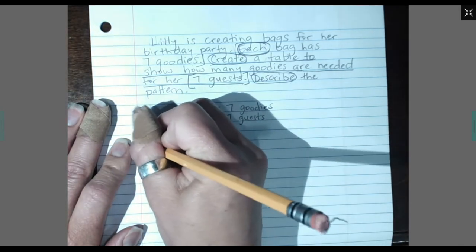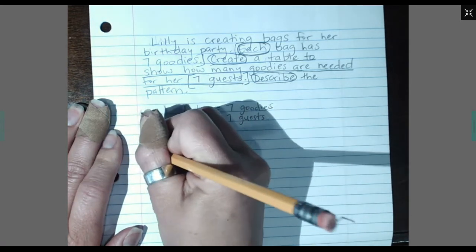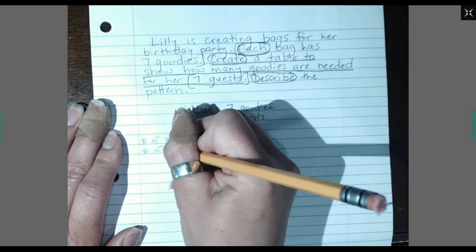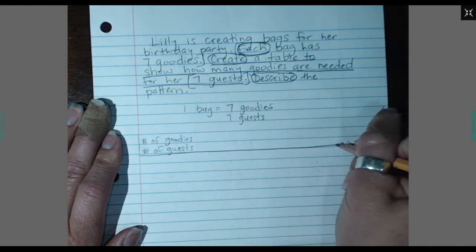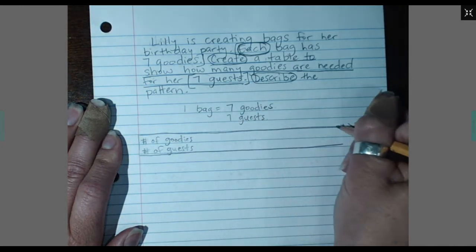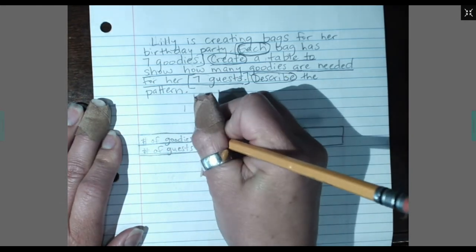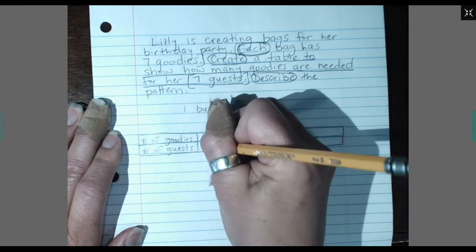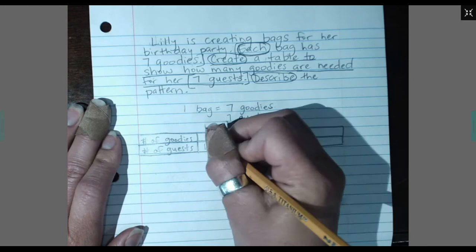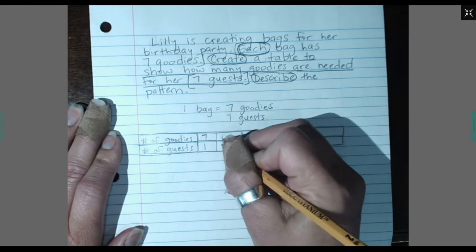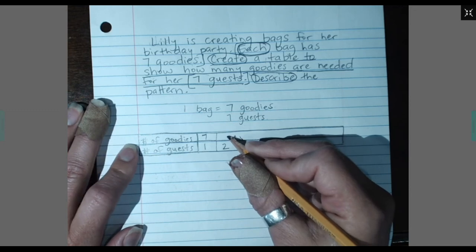So my number of goodies and my number of guests in my table. So I've got a table here made up of my rows and my columns. So 1 guest would get how many goodies? 7. 2 guests would get, how many goodies would she need?